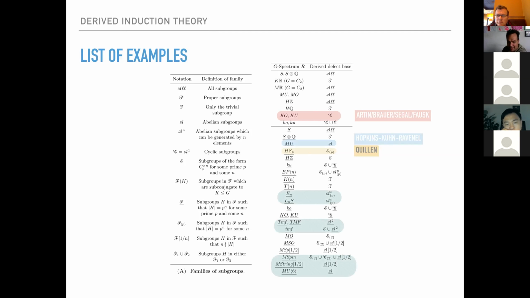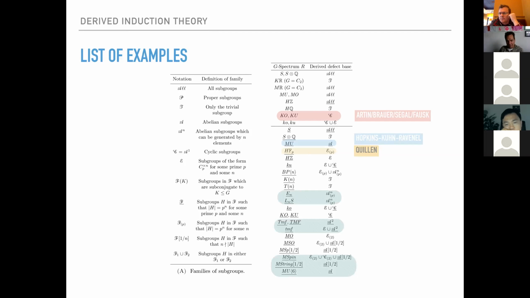The connective guy has a mixture: connective TMF with the elementary abelians and these abelian 2-groups. And then there are these various Wardism spectra. So you'll notice that all of the chromatic friends are nilpotent for abelian subgroups. And somehow, as you get smaller, the size of the family seems to be related to the chromatic height.